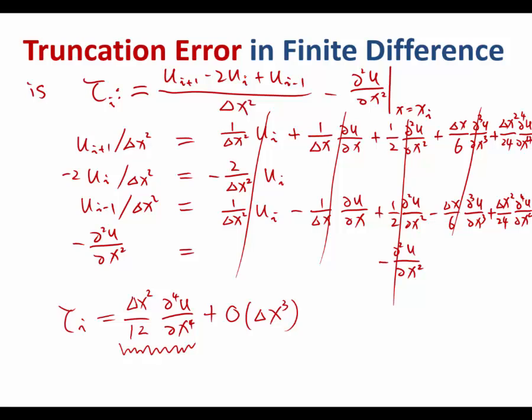And for other derivatives, you can also derive different approximation schemes, and different schemes will have different truncation errors. There are also trade-offs between how complex the scheme is and how accurate the scheme is. And also, don't forget stability. Stability is another very important aspect of this, but we are going to talk about that later. So it's always going to be a trade-off between stability, accuracy, and the complexity of the scheme.